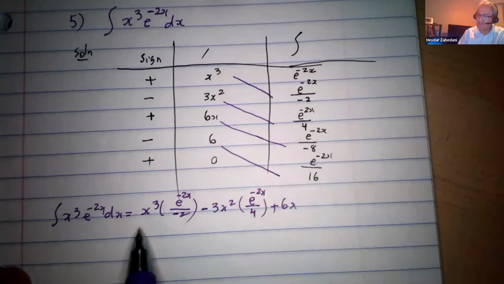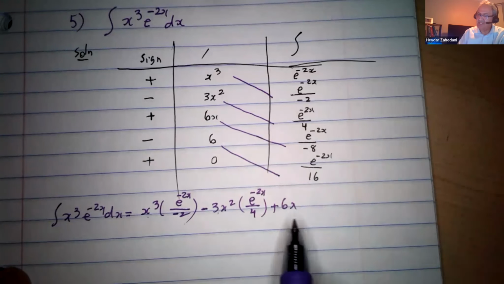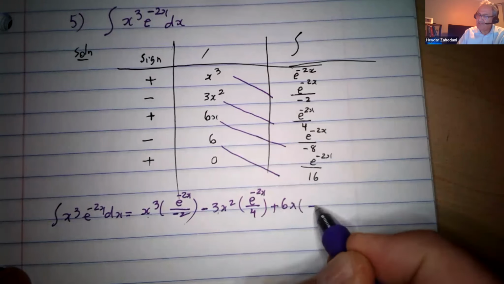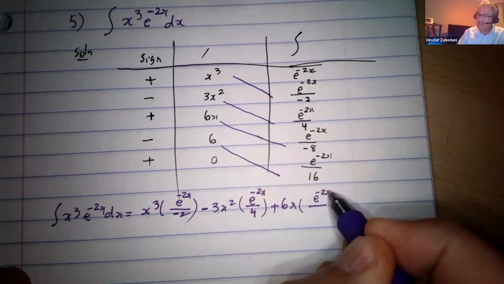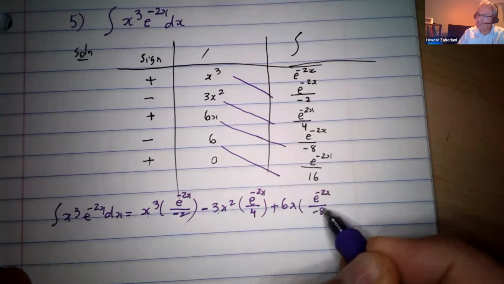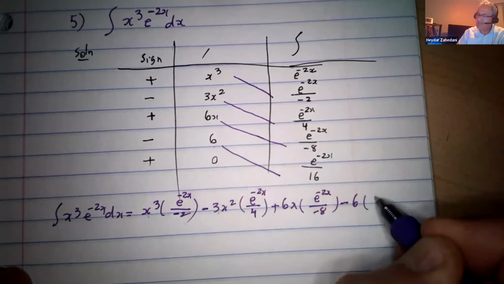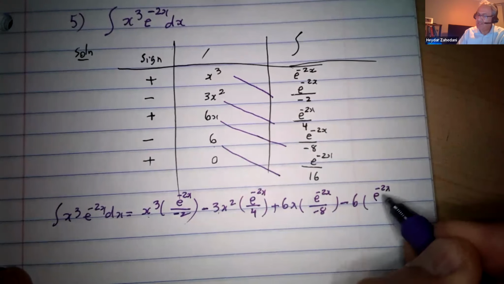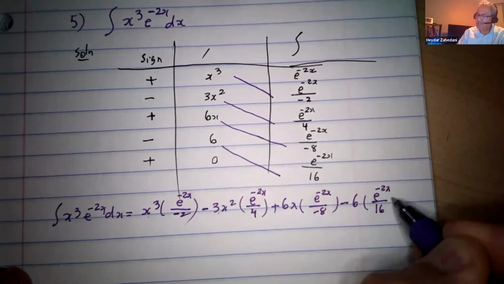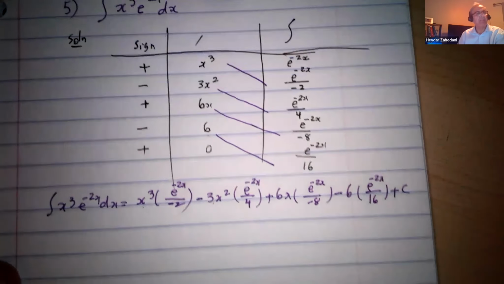It's like the derivative, you see: x cubed, 3x squared, 6x. 6x times e to the negative 2x over negative 8, minus 6 times e to the negative 2x over a positive 16, plus the constant c.